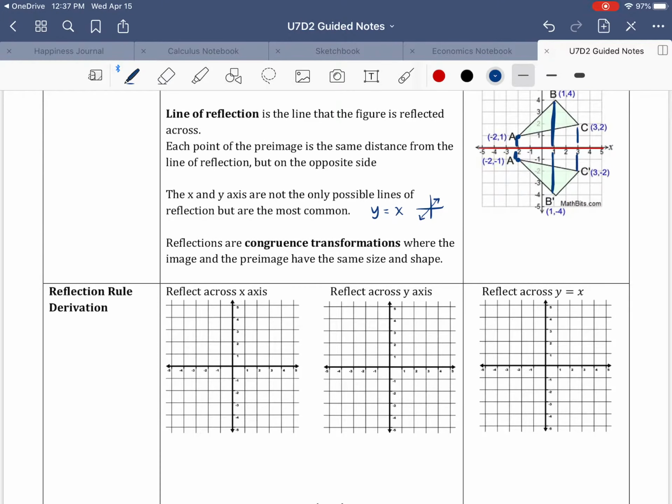Real quick, I want to derive our reflection rules. If we look at a point, let's say 2, 3 right here, we know that our first number represents our x value and our second number represents our y, and we want to reflect it across the x-axis, which we know is this one right here. So I'm going to draw that line in red.